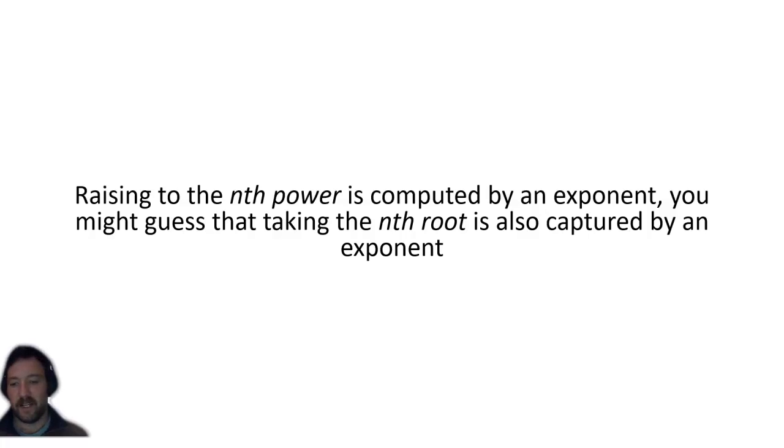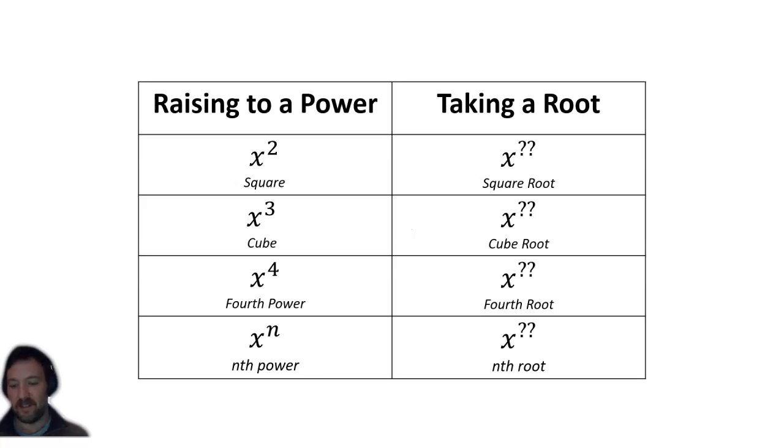And here's where I'm going to leave you a little bit of a cliffhanger. So raising to the nth power, if you raise to a power, you're computing it using an exponent, right? So you might at least feel intuitively, well, if raising to the power and taking the nth root are inverse to one another, then is it also the case that you can write down roots using exponents? Okay, and of course, I'm strongly suggesting that you can, right? So here's what I mean.